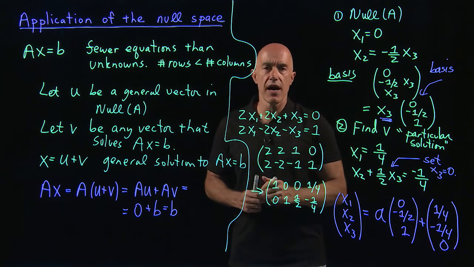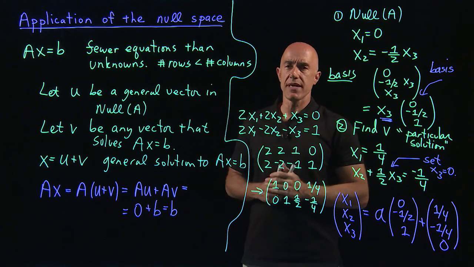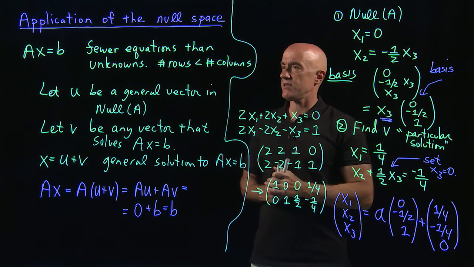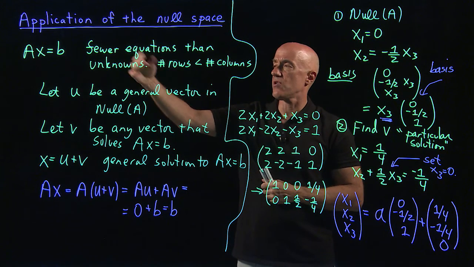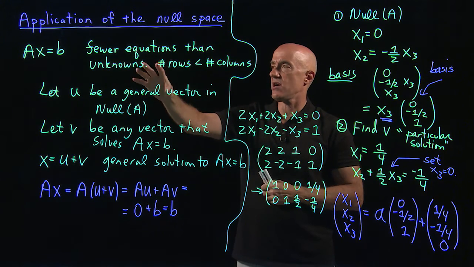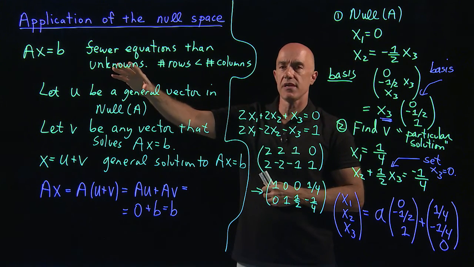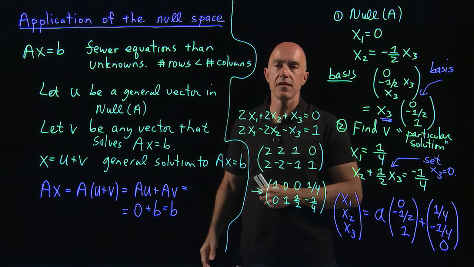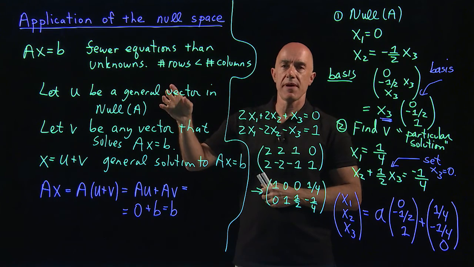So let me summarize. I'm showing you one of the applications of the null space of a matrix. If you have an underdetermined system of equations, so you have fewer equations than unknowns, and you're tasked with finding the general solution, then first you have to find the basis vectors for the null space.